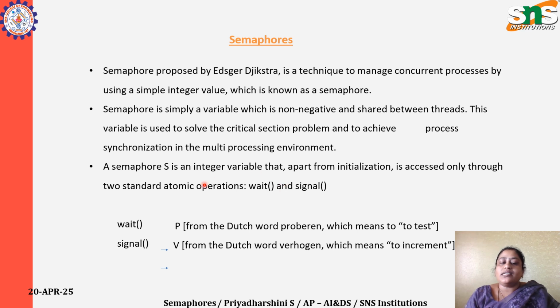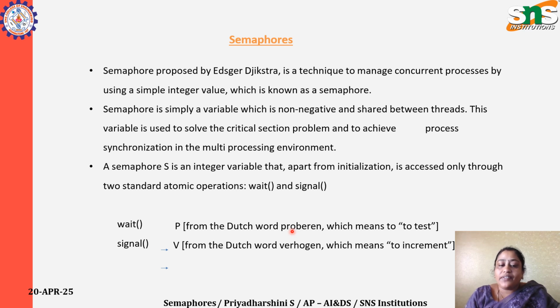So let's see what is a wait signal. Wait is also denoted by the letter P, which means wait operation. It is derived from the Dutch word proberen, which means to test.